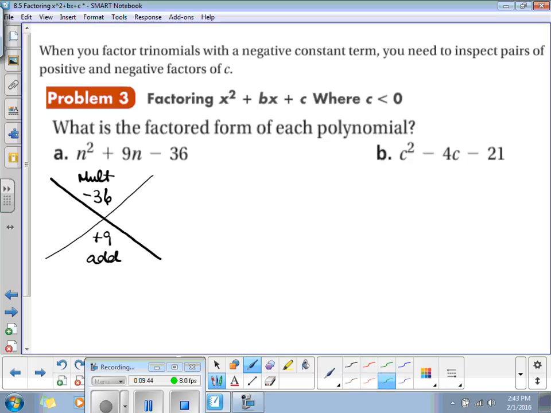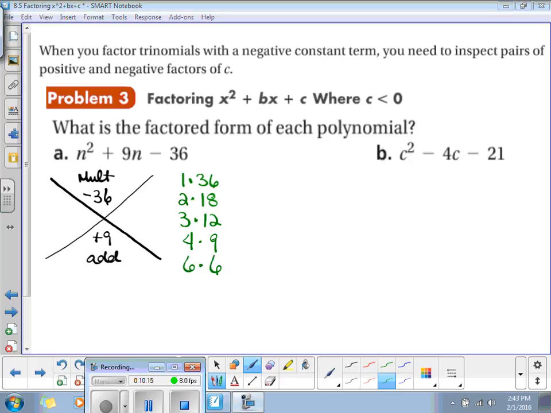So we have 1 times 36, 2 times 18, 3 times 12, 4 times 9, and last one, 6 times 6.